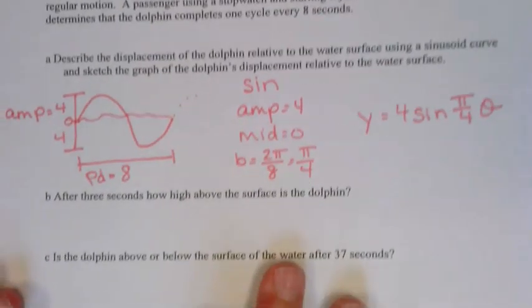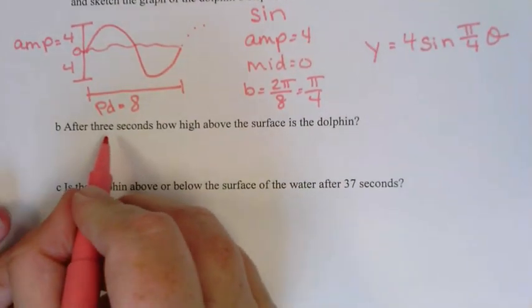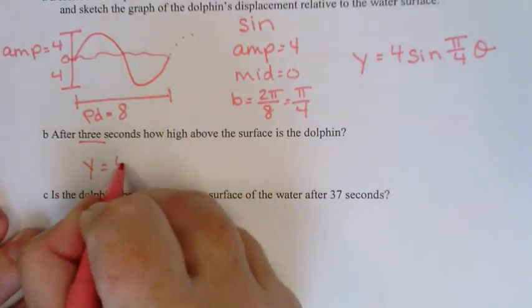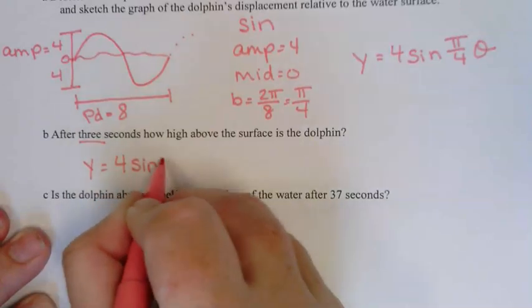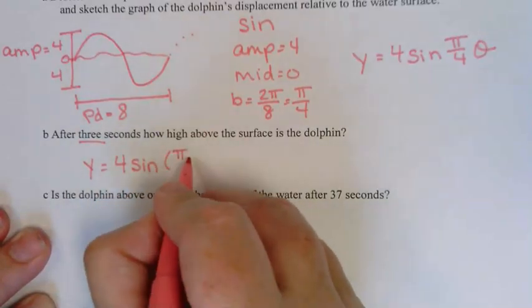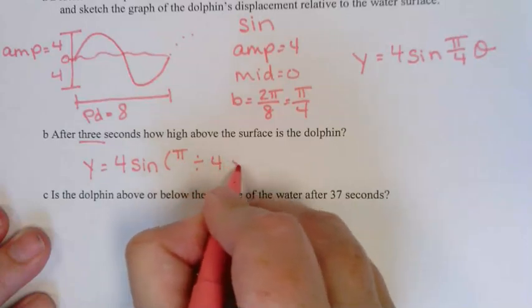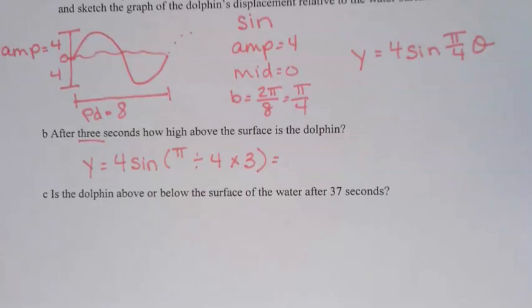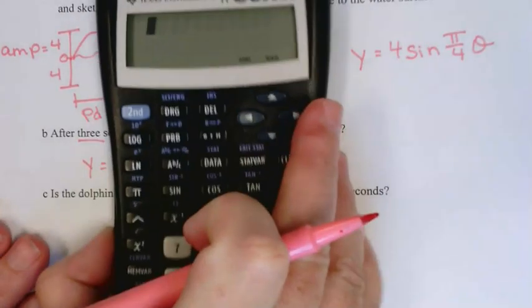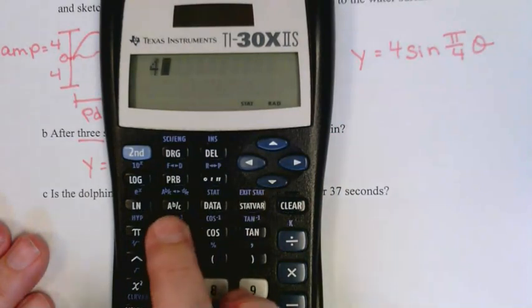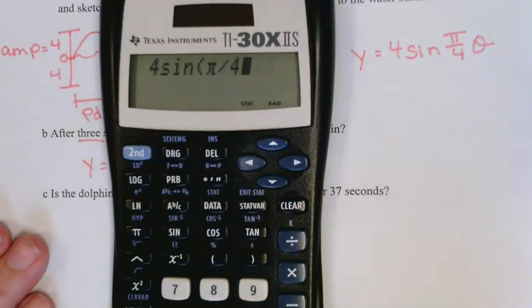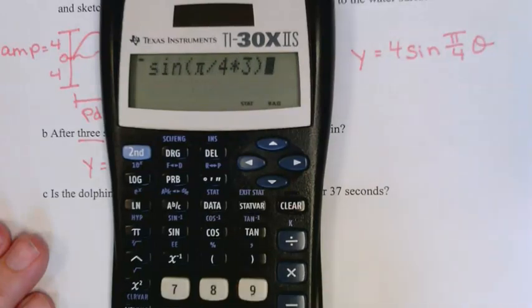Okay. So after 3 seconds, we're going to plug 3 in for theta. So y equals 4 sine pi divided by 4 times 3. You put that into your calculator: 4 sine pi divided by 4 times 3.